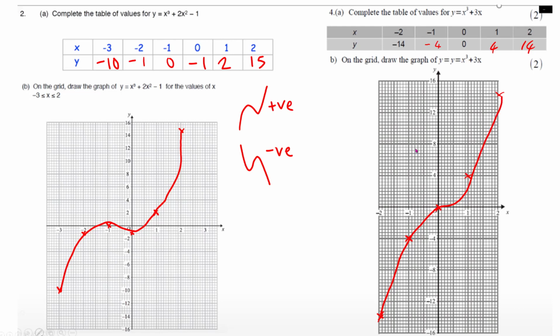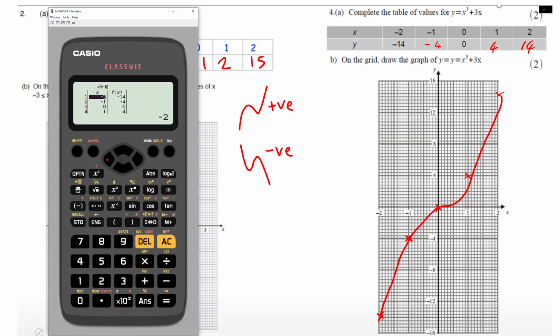Now you can double check if we go back, let's do that again, just to make sure we've got the shape correct.